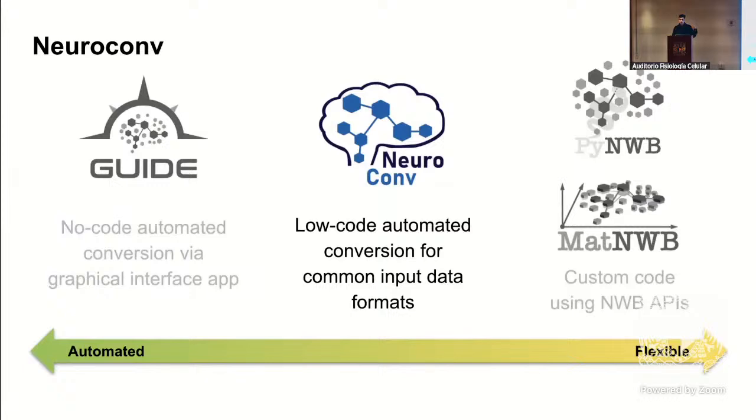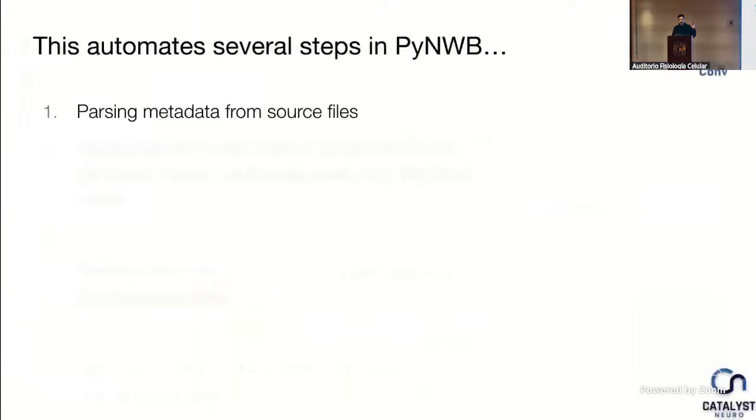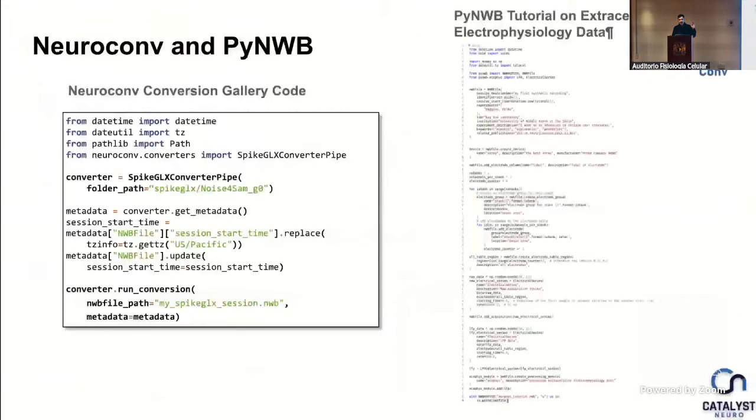And we have PyNWB and MatNWB at the end, which is the most low level. And what I want to showcase in this slide is how the equivalent code would look if you were to use PyNWB. So basically, we are doing all of this for you under the hood without you needing to parse the metadata file or fill out a lot of the things manually.